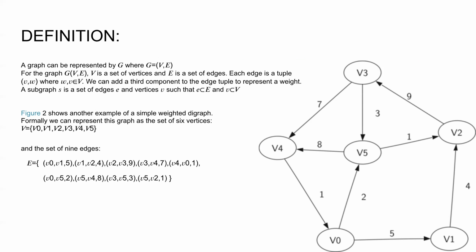And a subgraph is basically a subset of the graph's nodes and edges, right? Okay, so this figure number 2 shows another example of a directed graph, because the arrow represents the direction from one node to another, right? Then we can represent this graph as a set of 6 vertices and 9 edges. Okay, so that's a definition of a graph.